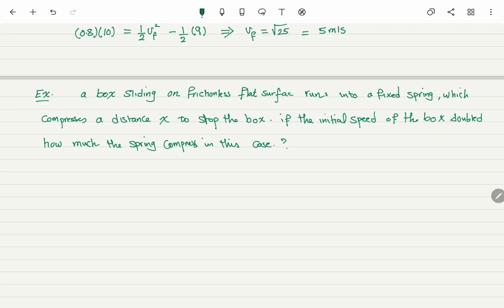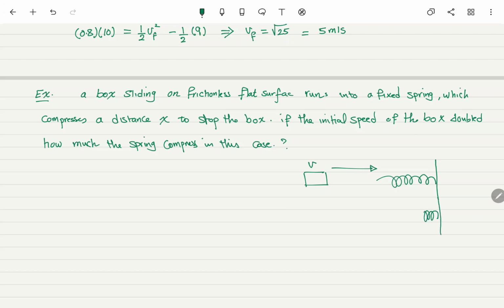Let's sketch the situation. So we have here a spring, and we have a box with an initial velocity here. Now the box will compress the spring until it stops.